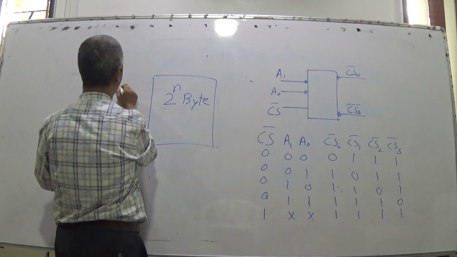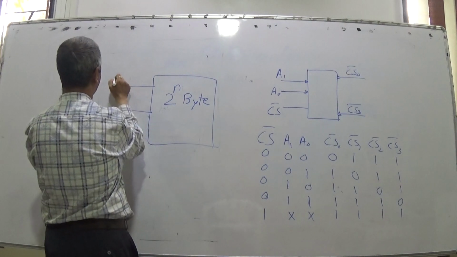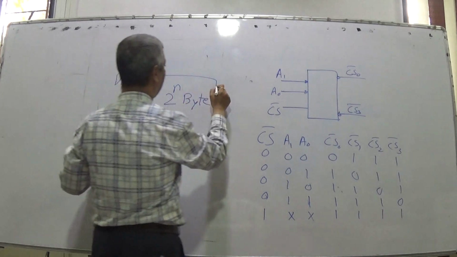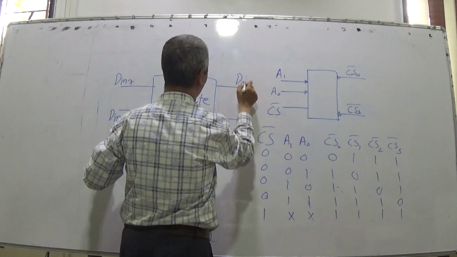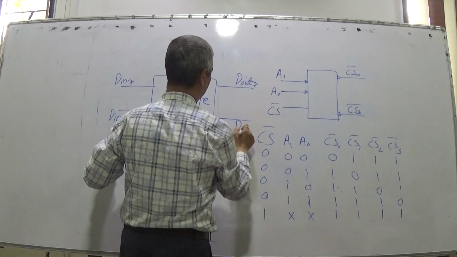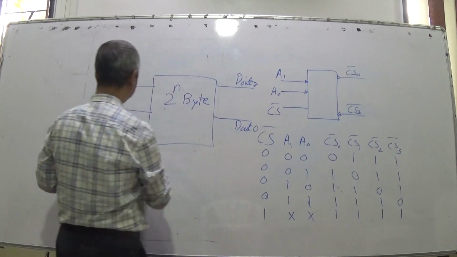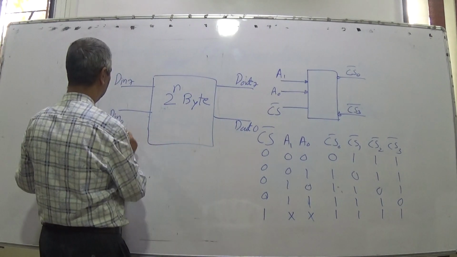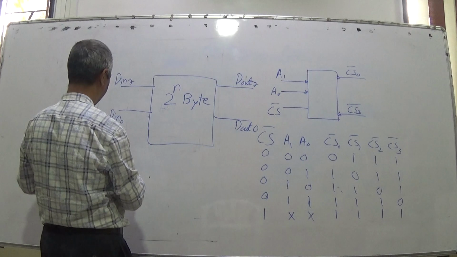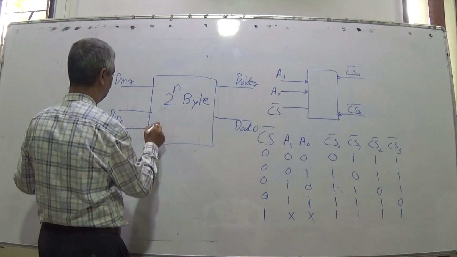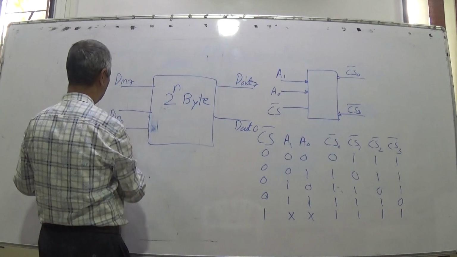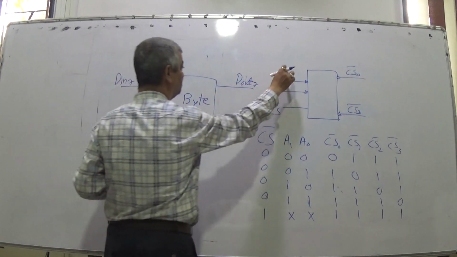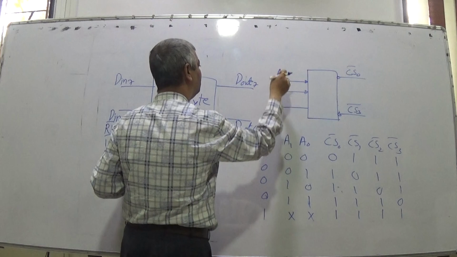What it is having? 8 address line, 8 data in lines, data in 7 to data in 0, 8 data out lines, data out 7 to data out 0, 1 read bar line, one write bar line, and these lines A1, A0, CS bar. If it is 8 byte, A2.